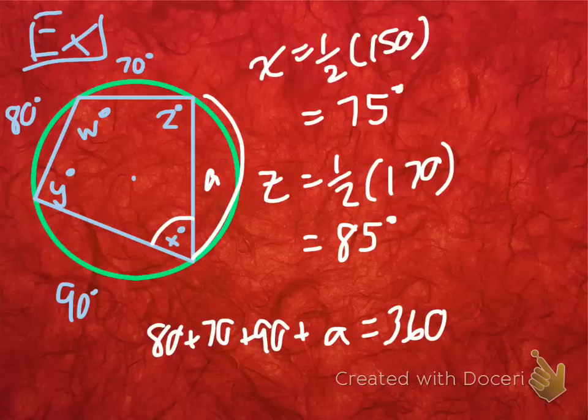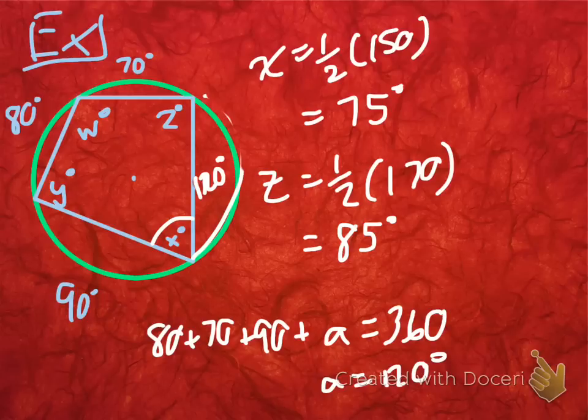So just simple math here. We have 80 plus 70 is 150, plus 90 is 240. So we end up with A equals 120 degrees. So let me just again clean up this picture for you. We know this is 120 degrees right here.